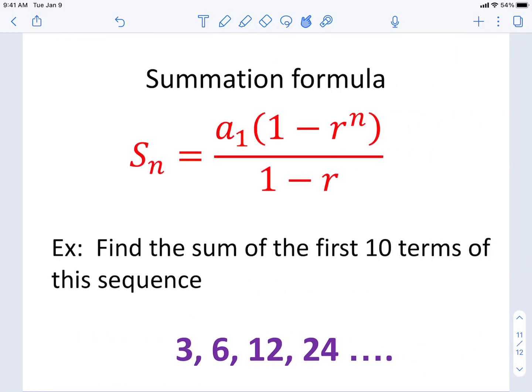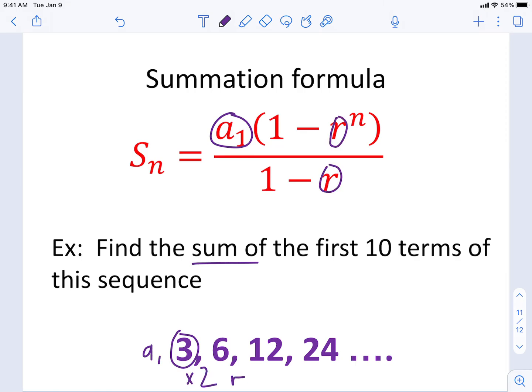All right, then our series formula, same idea. It's just another formula. Now we want to know the sum of the first 10 terms. But again, I need to know basically the same information. What is the first term? That is 3. What is the common ratio? It goes in there twice this time.